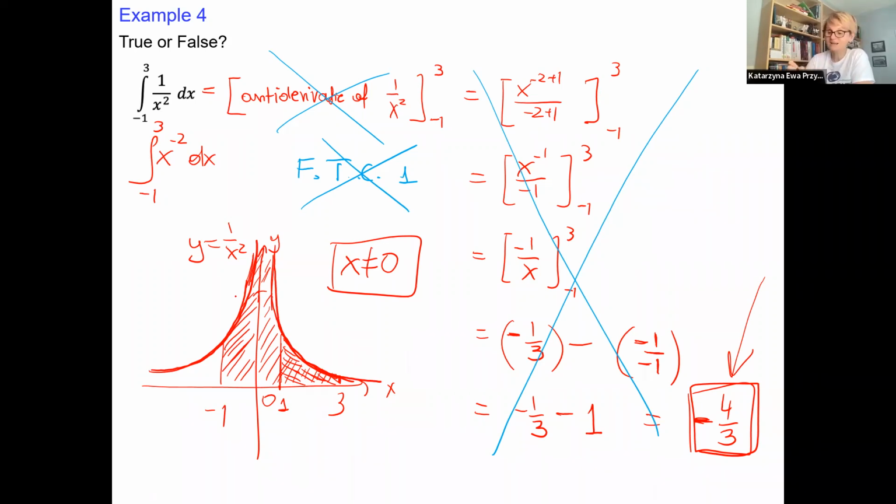That means this is false. We cannot evaluate this. Now you will pay attention and say, no, we cannot apply the fundamental theorem of calculus for these limits of integration for that function.